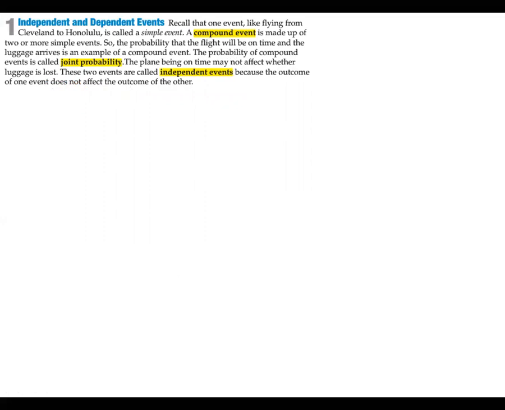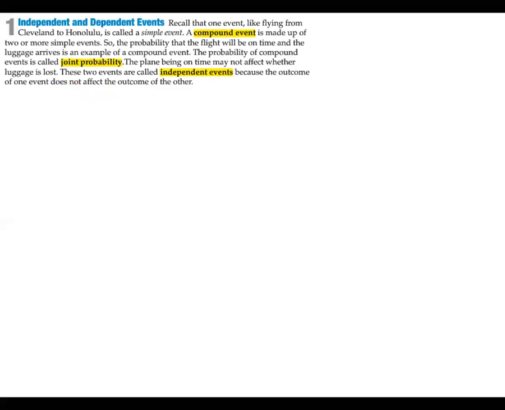So recall that one event, like if you fly from Cleveland to Honolulu, is called a simple event. A compound event is made up of two or more simple events. So when you fly from Cleveland to Honolulu, that's just one thing that's going on. So, for example, the probability that a flight will be on time and the luggage arrives is an example of a compound event because there's two things going on.